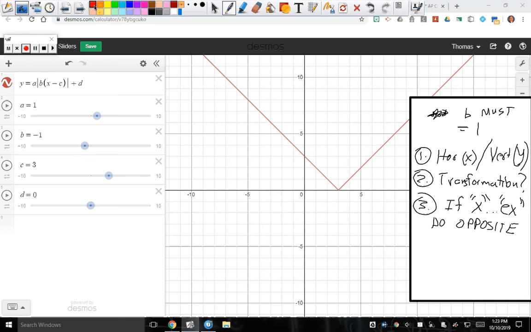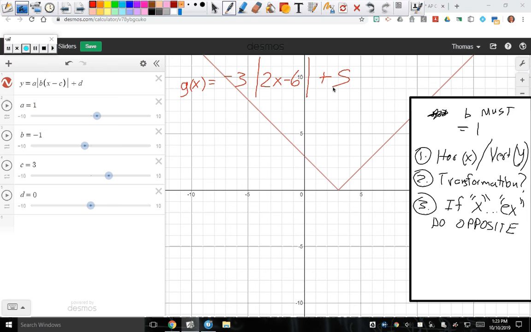Okay, here we go. So let's say I have g of x is equal to a negative 3 and then 2x minus 6 absolute valued plus 5. There's a lot going on right there.